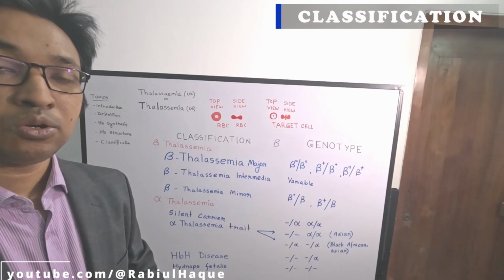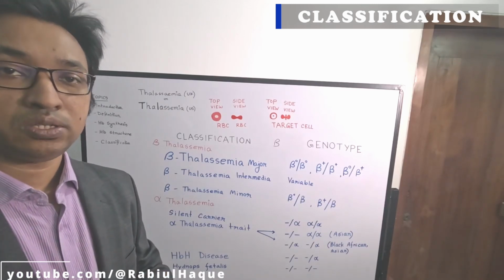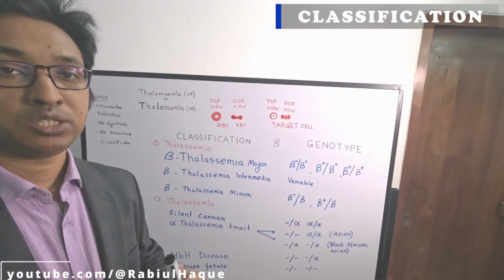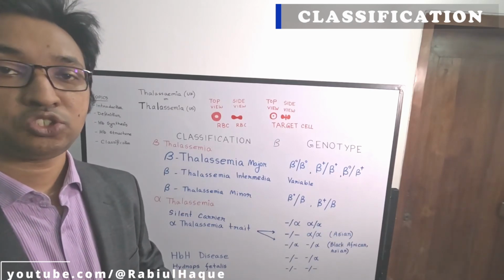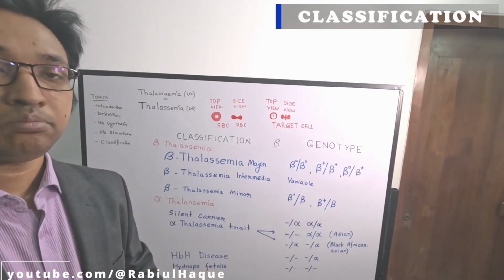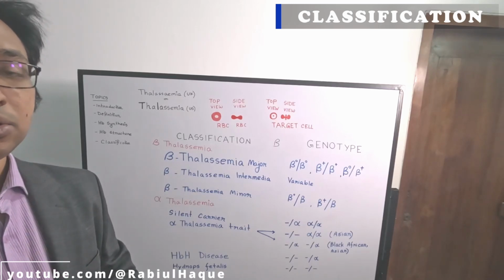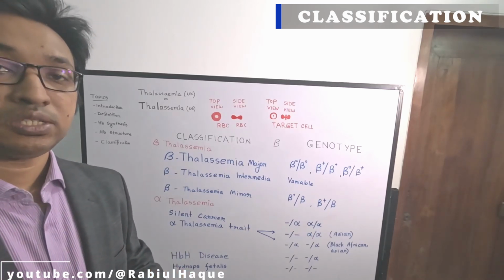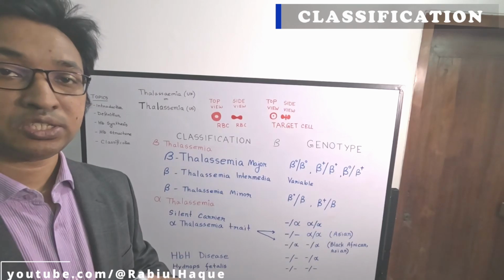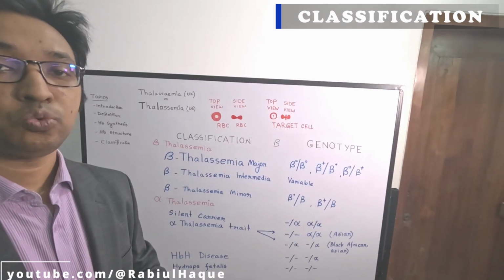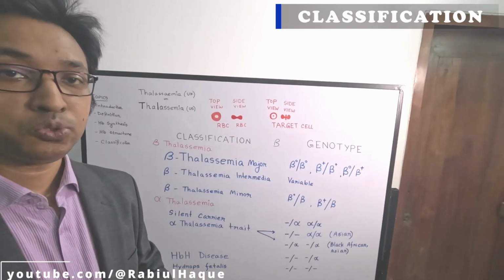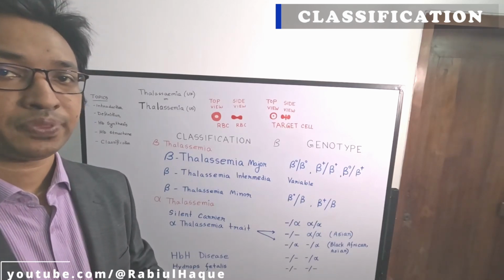Always remember, when there is reduced synthesis or absence of synthesis of beta globin chain, that leads to beta thalassemia, and when there is reduced synthesis or absence of synthesis of alpha globin chain, that leads to alpha thalassemia.